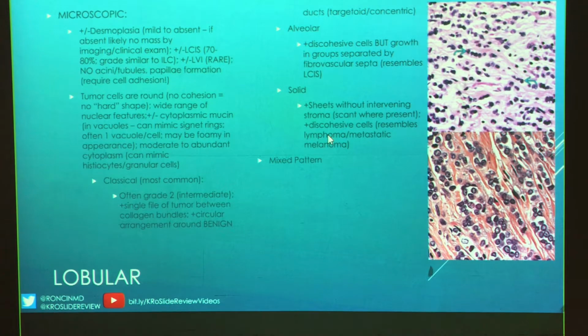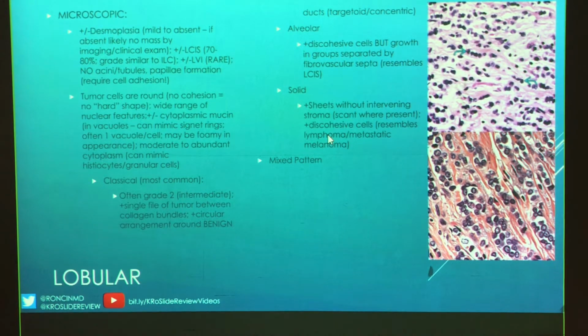And remember, there is a histiocytic subtype of invasive lobular that I did a short review on, so if you're curious about that, you want to see a case of that, make sure you go check out the short review for histiocytic invasive lobular. Okay, classical are almost always grade 2 or intermediate grade.